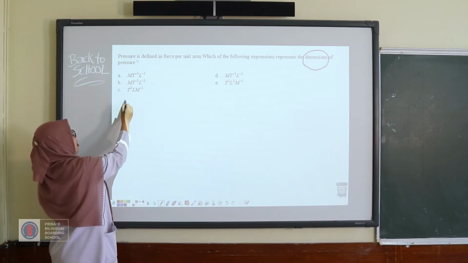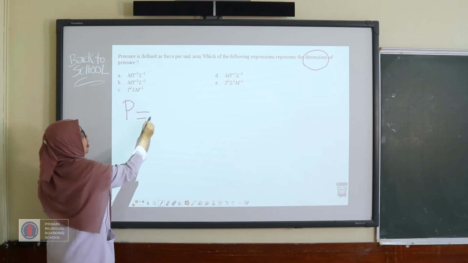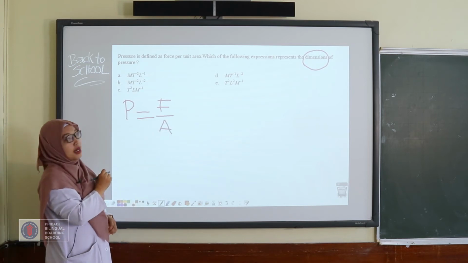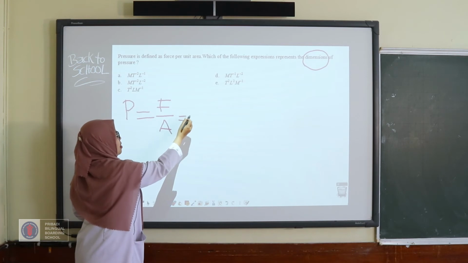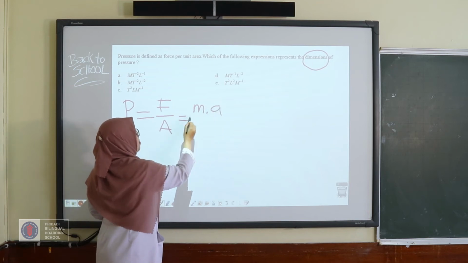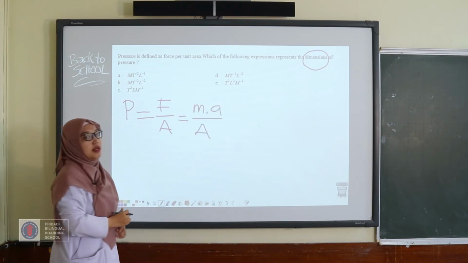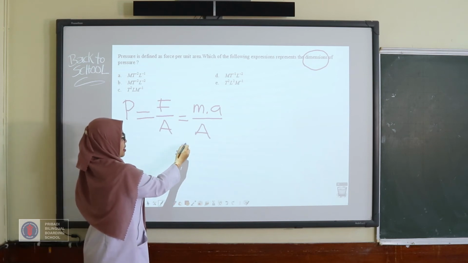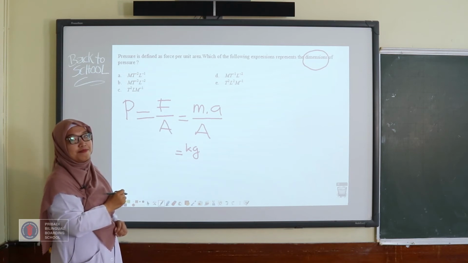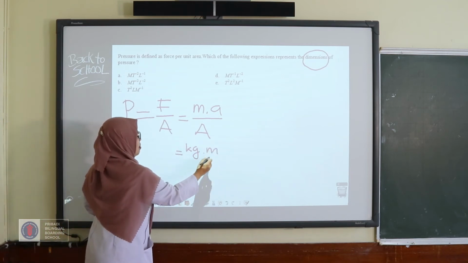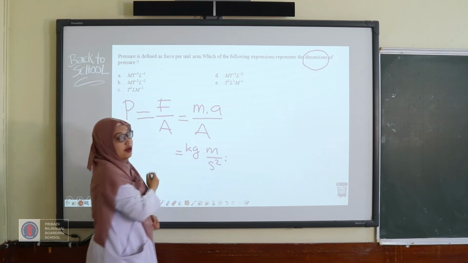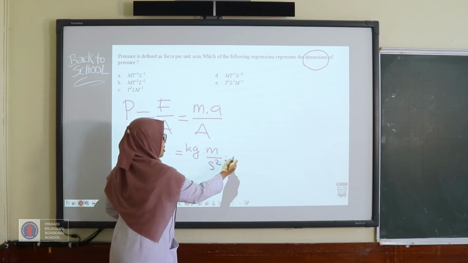Pressure is defined as force per unit area, and force is mass times acceleration, over area. The unit of mass is kilogram, the unit of acceleration is meter per second squared, and the unit of area is meter squared.